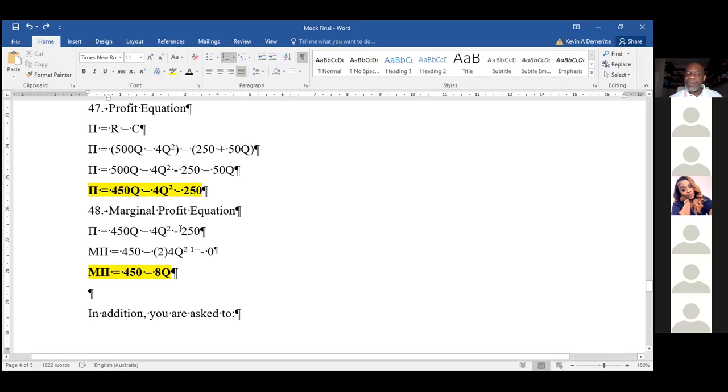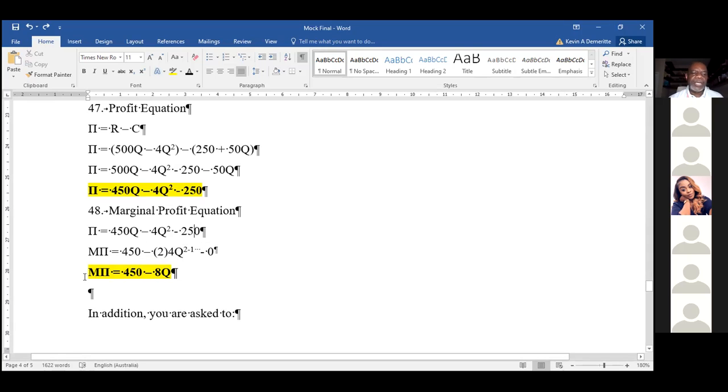Rule number 1, because we still have to deal with the 250. Rule number 1 says if you have a constant sitting all by itself, the slope of that constant is 0. Whether it's positive or negative doesn't matter, the 0 is going to fall away.